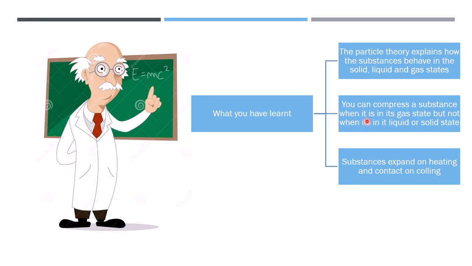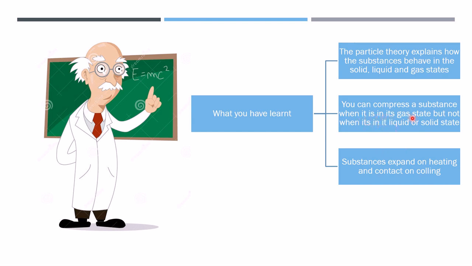Then you can compress a substance when it is in its gas state, but not when it's in its liquid or solid state. As I told you, it's a very important point. It can come anywhere. Anyone can ask you about this. Which substance cannot be compressed and which can be compressed? So you can answer like that.